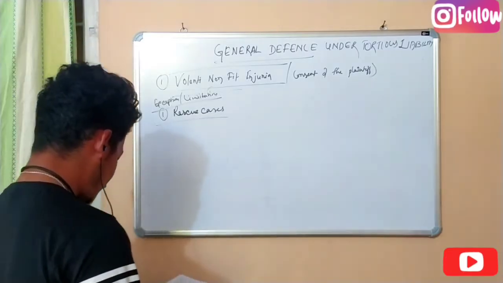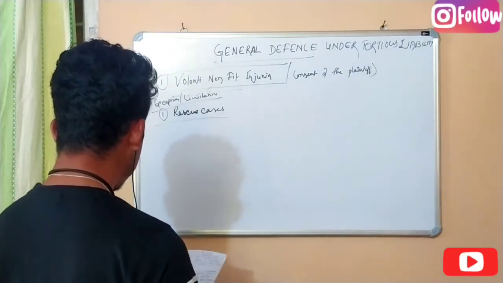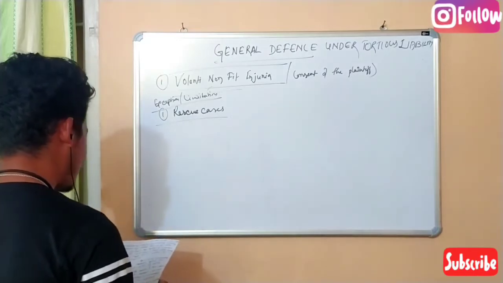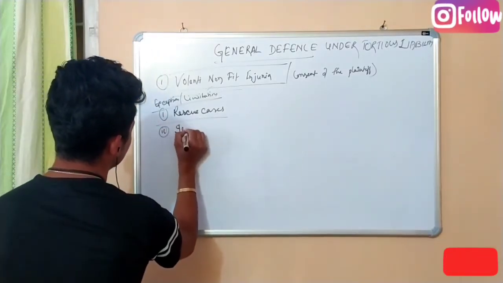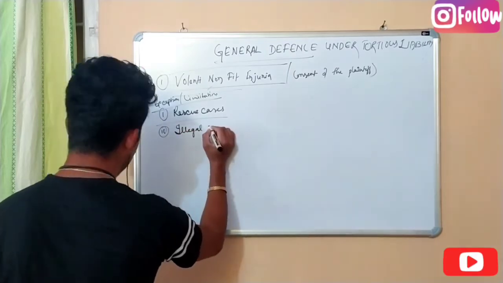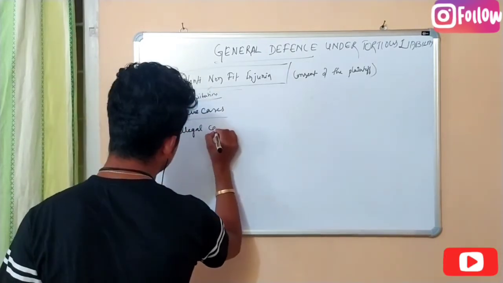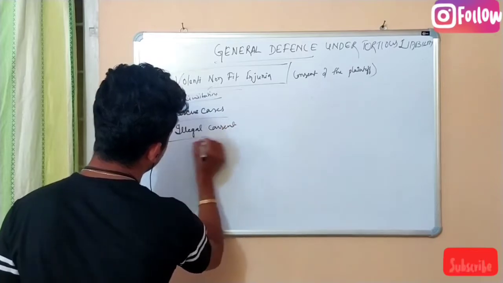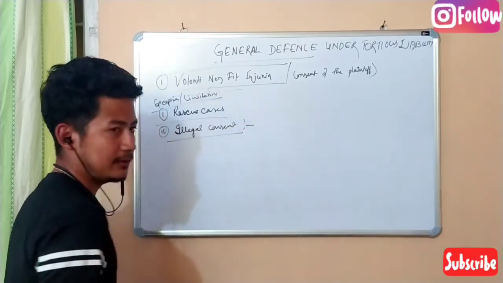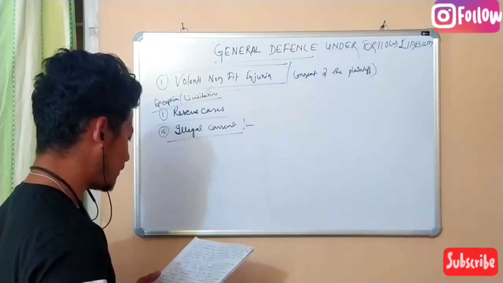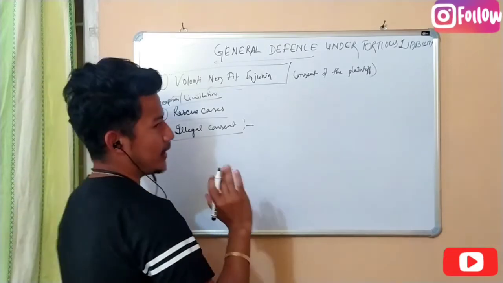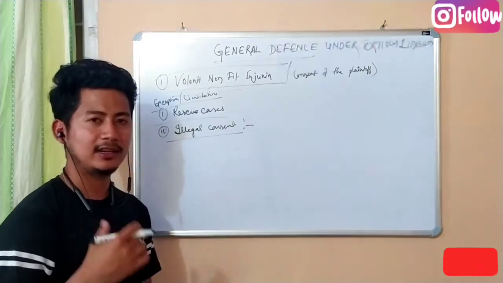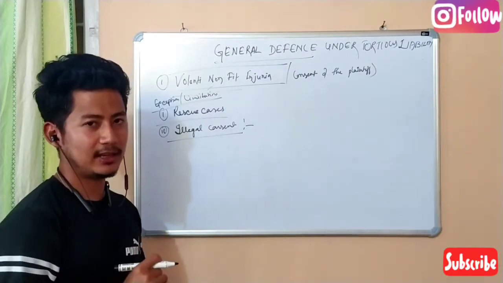Okay. So another situation is illegal consent. Suppose there is an illegal act and a consent to do an illegal act.